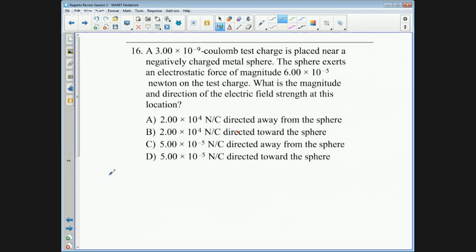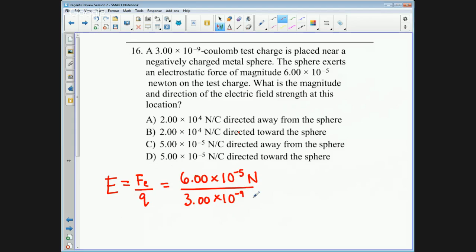Electric field strength is E equals the electrostatic force divided by your test charge. My electrostatic force is given by 6 times 10 to the negative 5 newtons, and my test charge is 3 times 10 to the negative 9 coulombs.